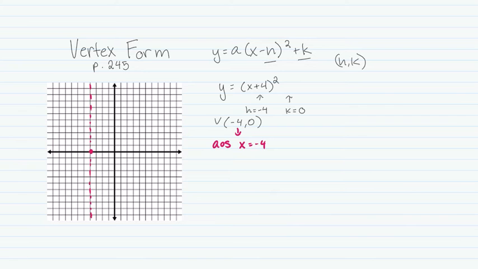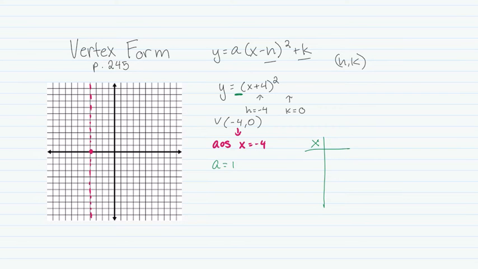In addition to that, I know that a, my number in front, the coefficient of that quantity, is equal to 1. So it doesn't flip my graph upside down with an x-axis reflection, and it doesn't stretch or shrink, it just remains the same. In addition to this, I want to go ahead and make a t-chart.